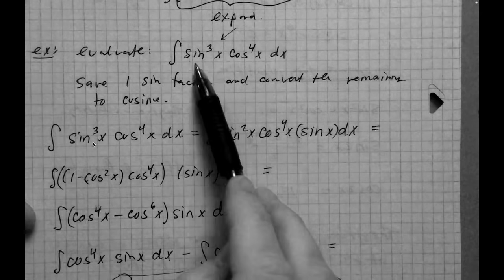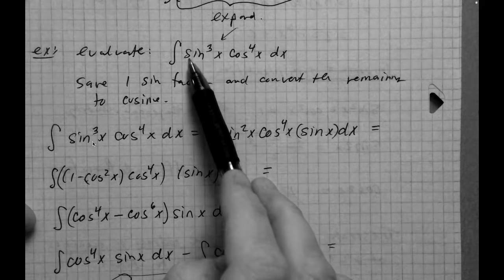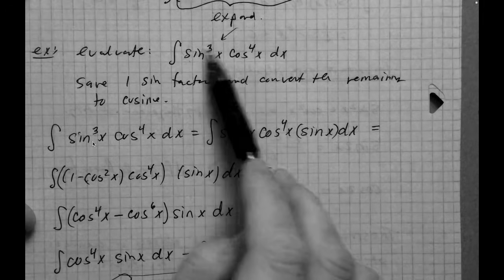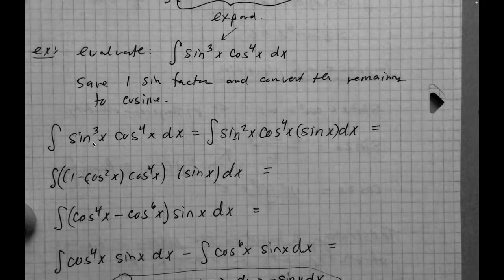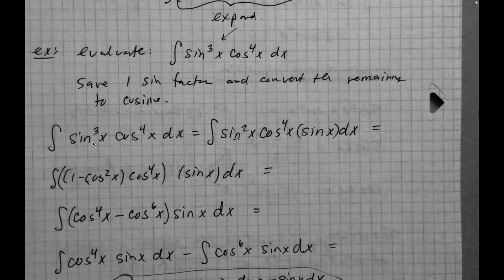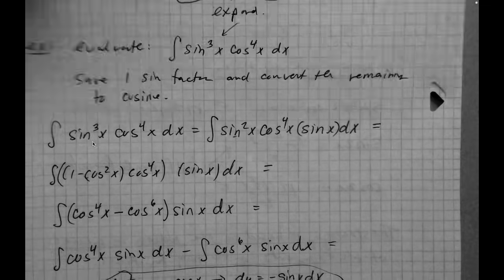In this case, that's always easiest if you have sine or cosine raised to an odd positive power, because then you can just take one of them off, and then you can use the Pythagorean identity repeatedly if necessary. Okay, perfect. So that's the idea. That was a straightforward example, a good one to start with.